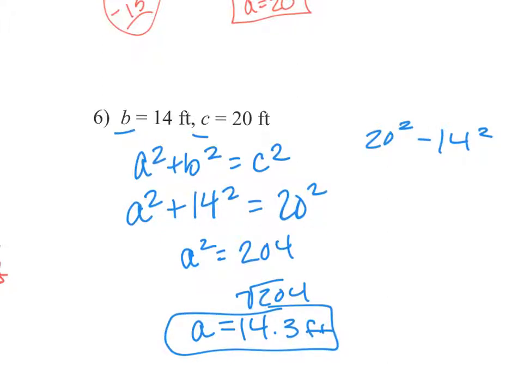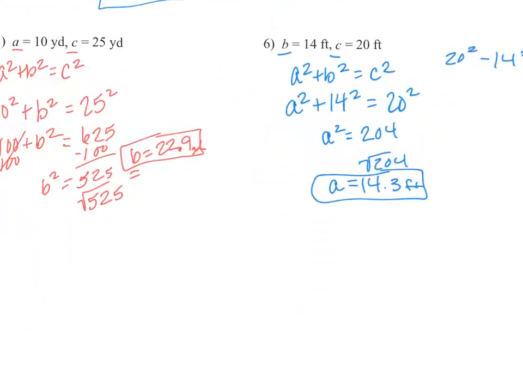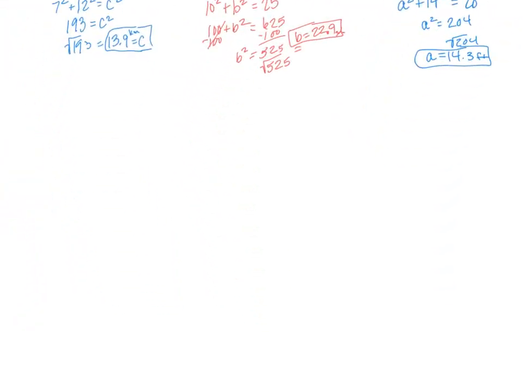Okay. One more thing. On your homework page, it'll give you the measurements. Say A is 3, B is 4, and C is 5. And it'll ask you, is this a right triangle?